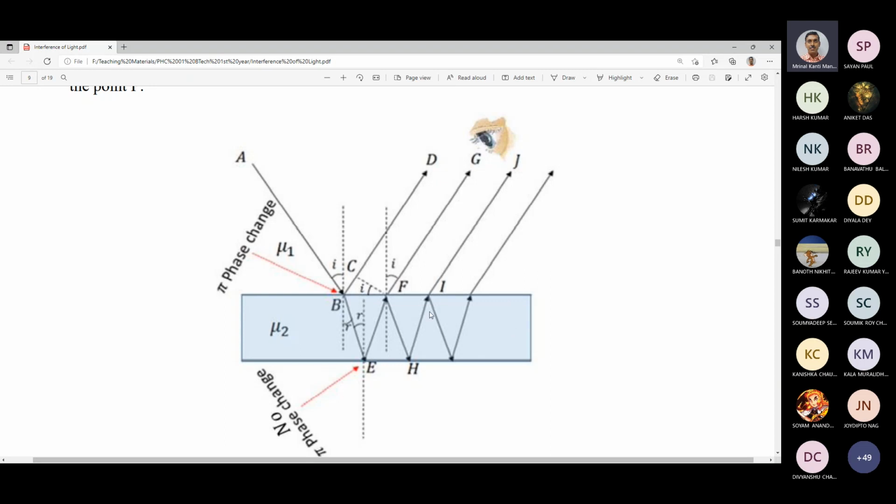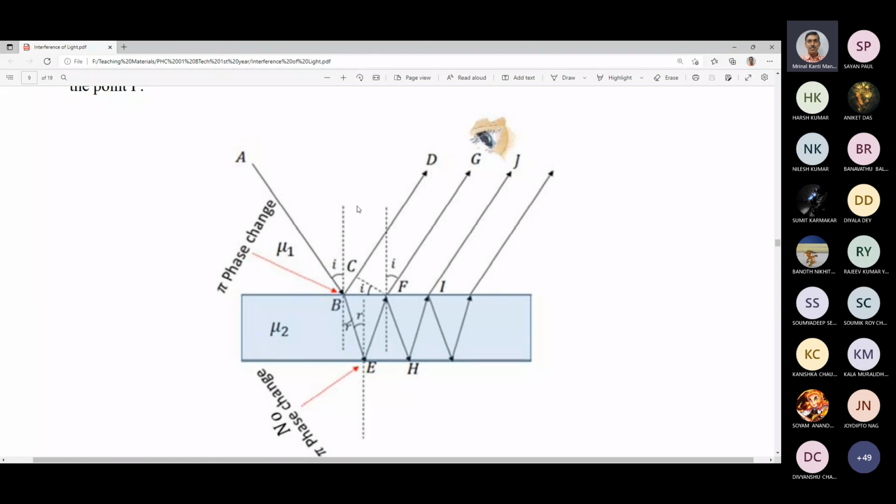That means this is the denser medium. So when we consider a reflected beam, it undergoes a phase shift of pi, because it is reflected back by a denser medium.